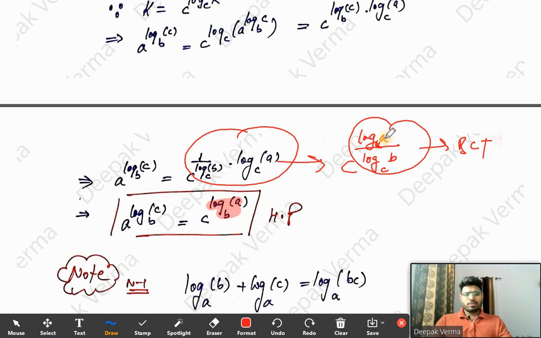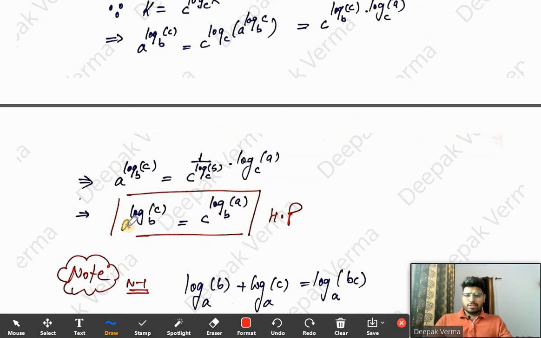Got it? Remove this base c. By using base changing theorem, we can write it like this. So hence proof. Clearly you can see here we have a, here we have c. Just interchange the position of a and c. So we will get c here and a here. I hope it is clear.